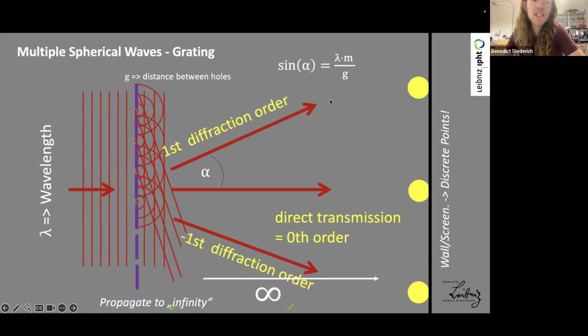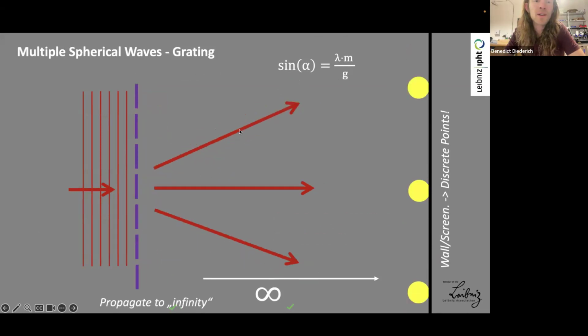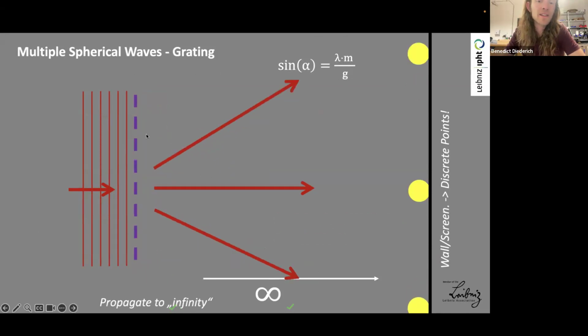And the grating G is essentially the distance between the different spots where the light can enter through. And so at one point, depending on the spacing of the grating here, the angle becomes larger. And then at one point, you cannot collect the diffraction orders anymore, and then your optical system cannot transmit any information anymore, and then you lose resolution.